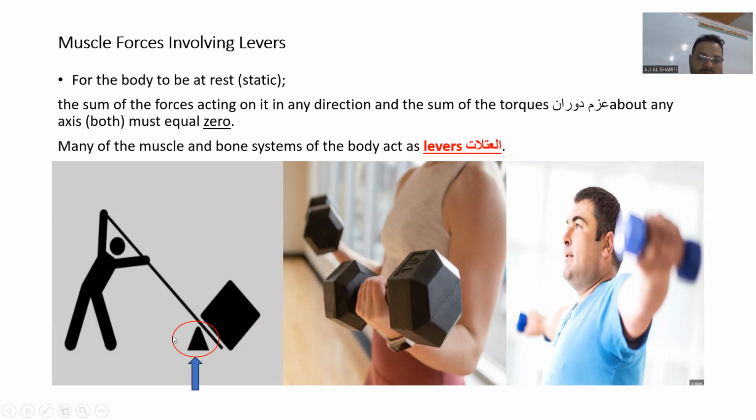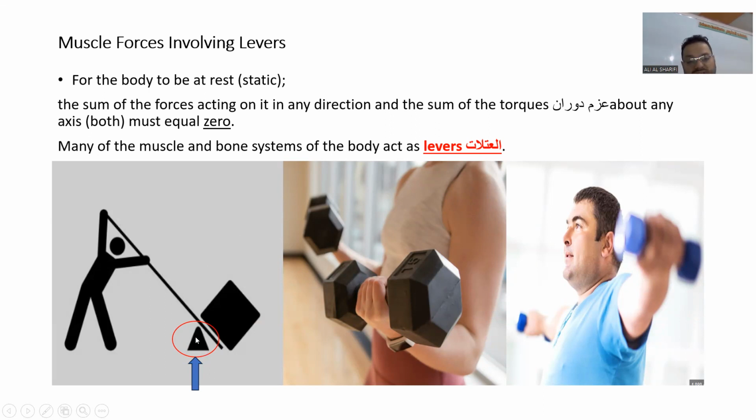Here, it's important because it will be different if I put it here or here or here. What will be different? The weight of this object maybe, or how much power I need to move this object.